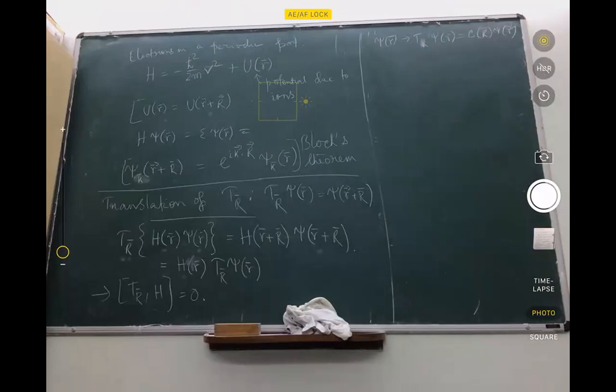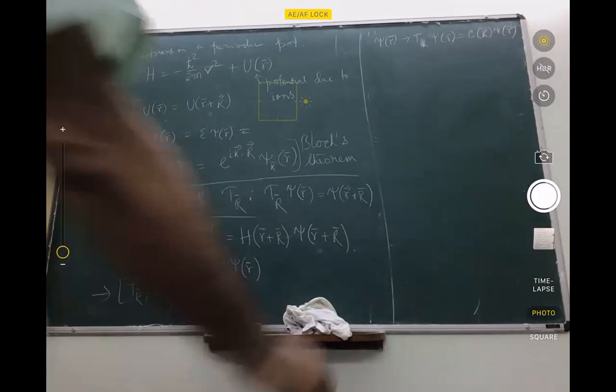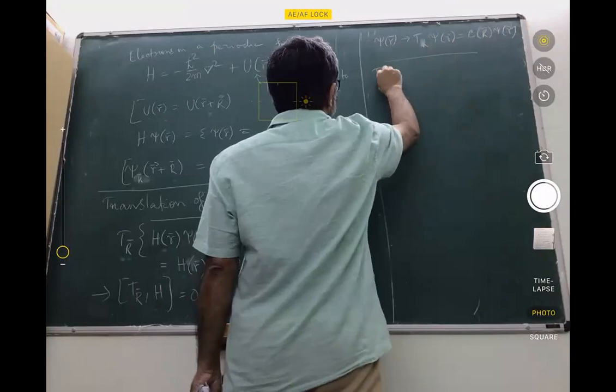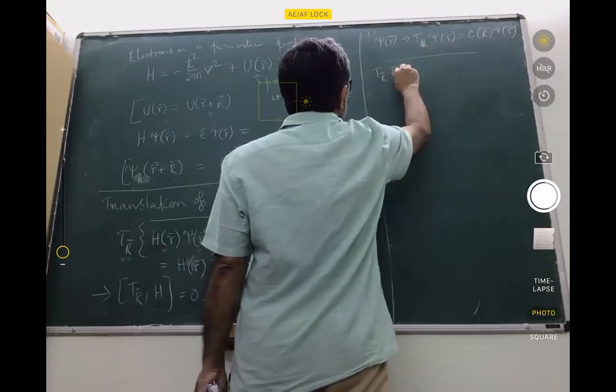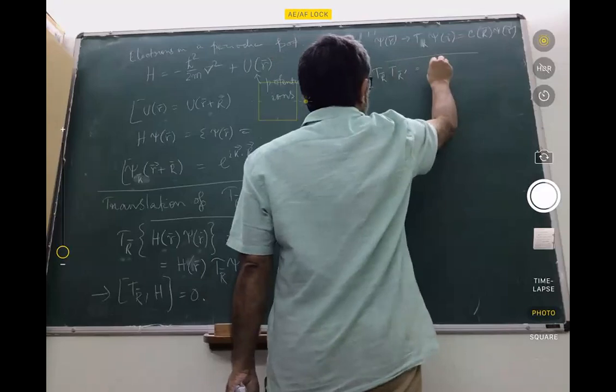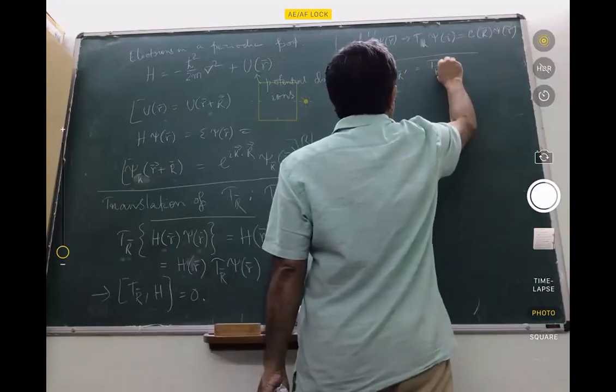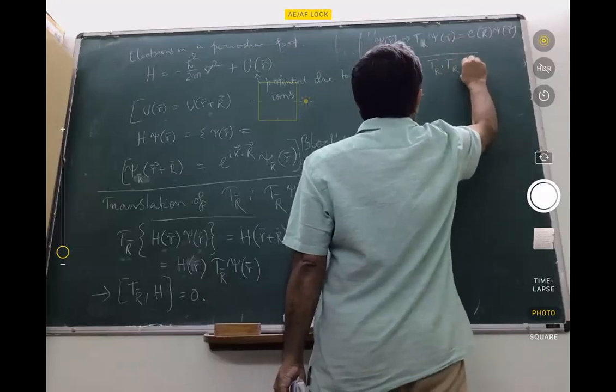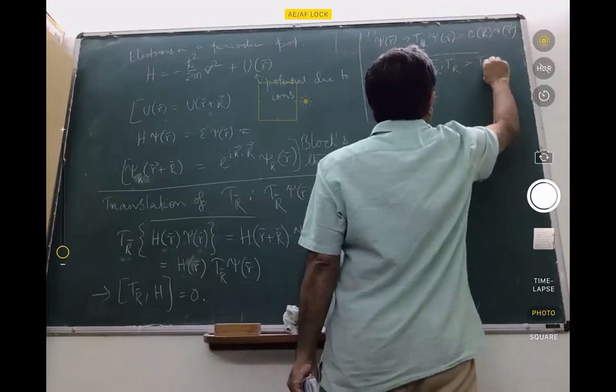The task now is to just find these eigenvalues, C of R. There is one more condition that we will need, which is that T of R, you can just act it on any function of r and easily show it.